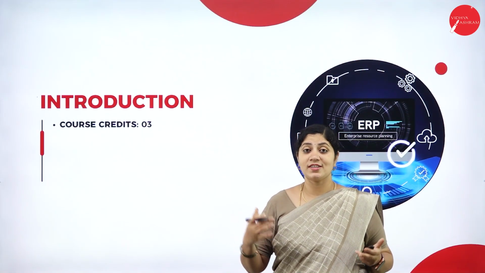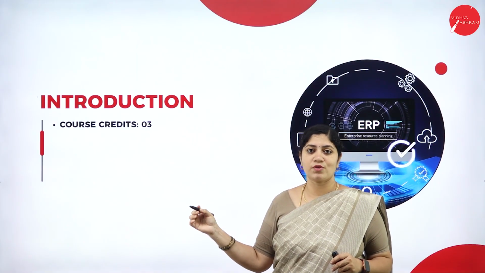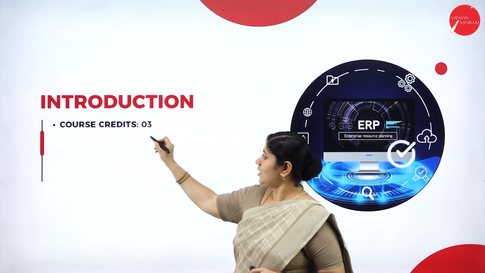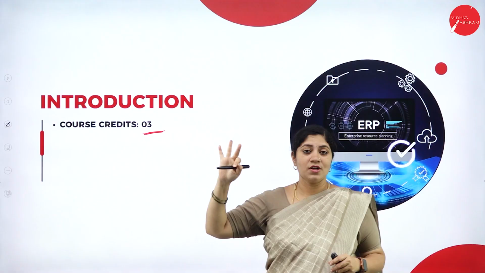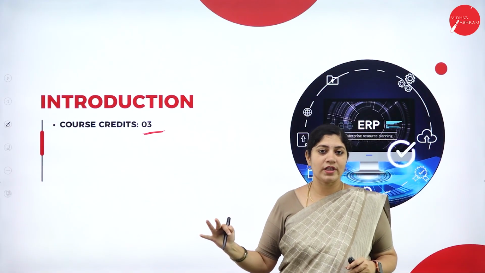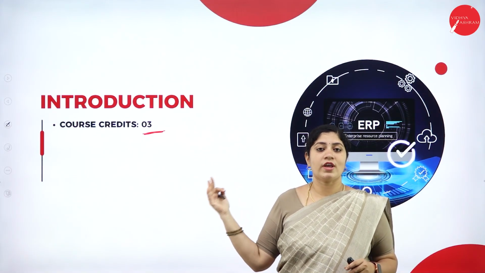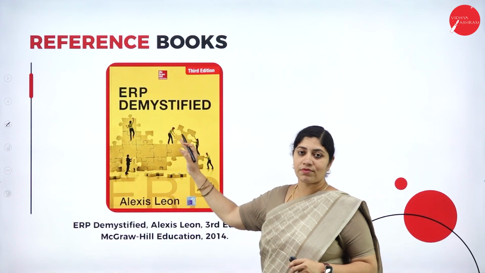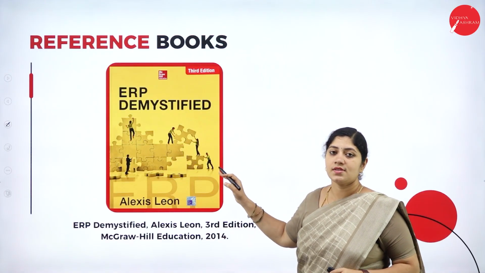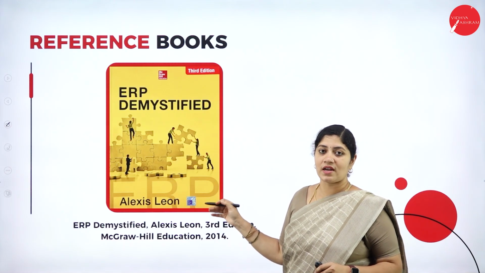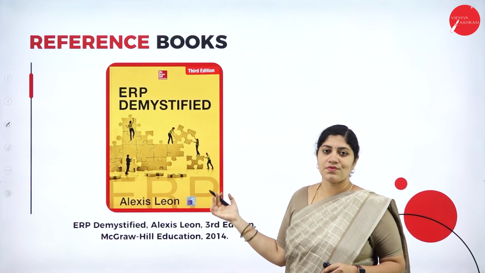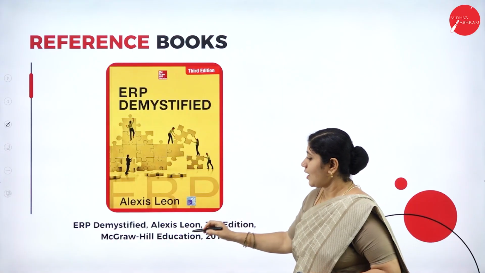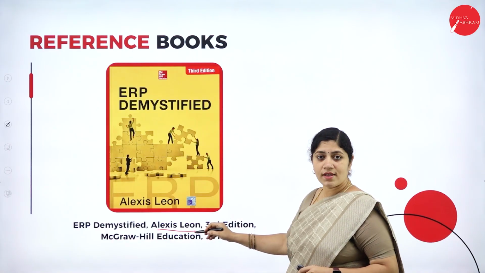Let's begin by understanding the credit that has been allotted for this ERP. The total credit is none other than 3. So if you successfully complete this exam, then you can easily get those 3 credits. Up next, the reference book. This is the reference book that we are supposed to refer for this ERP subject, and the author is Alex Leon.